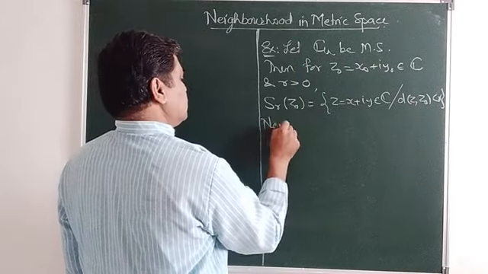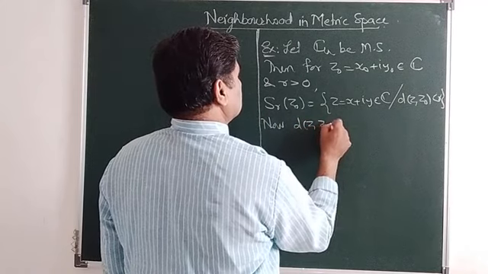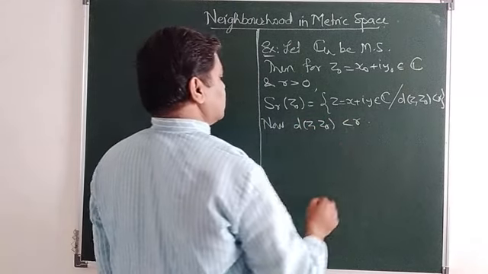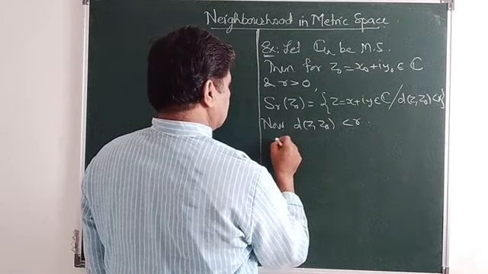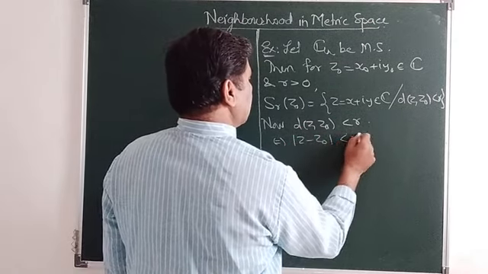Now d of z, z naught is less than r if and only if mod of z minus z naught is less than r.